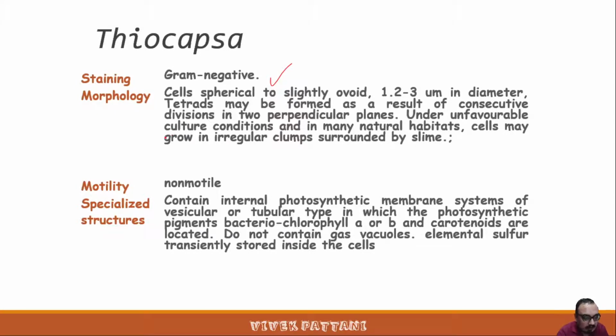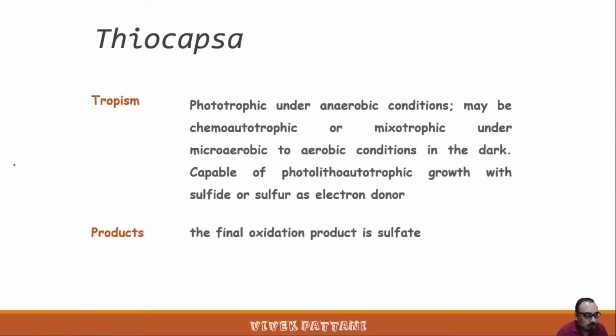They do not contain gas vacuoles, and elemental sulfur is transiently stored inside the cells. Tropism: as we are studying phototrophic bacteria, they are phototrophic, and maybe chemoautotrophic also, or even mixotrophic. What do you mean by mixotrophic?